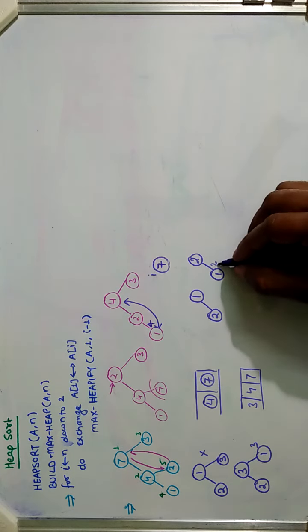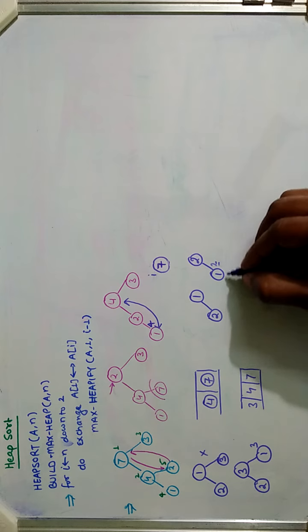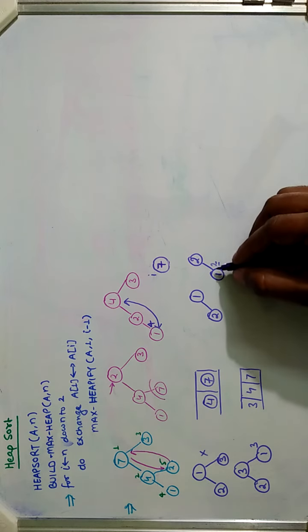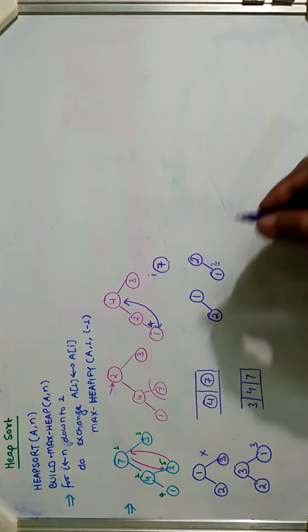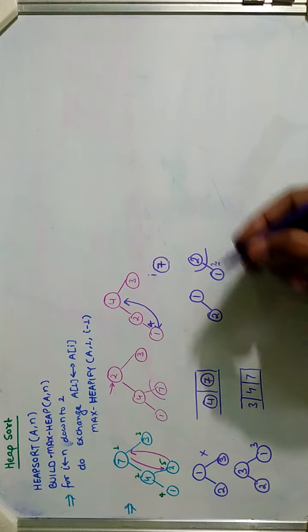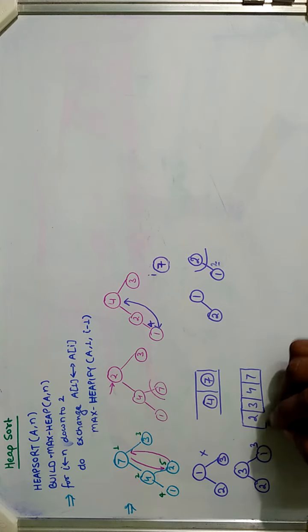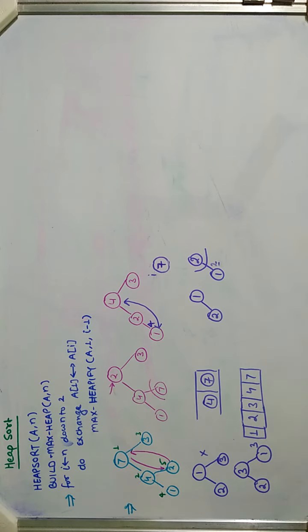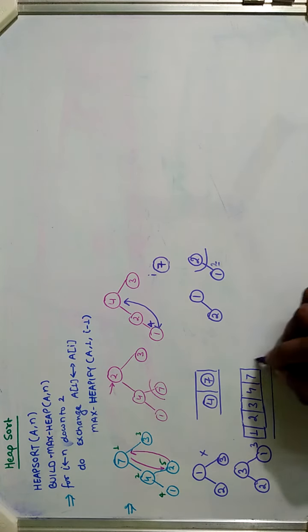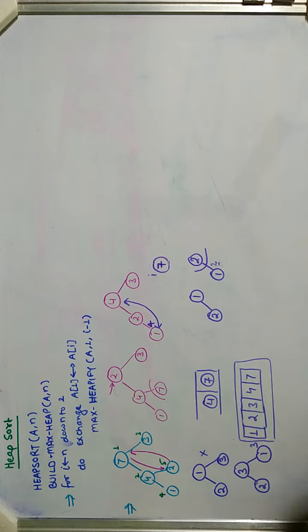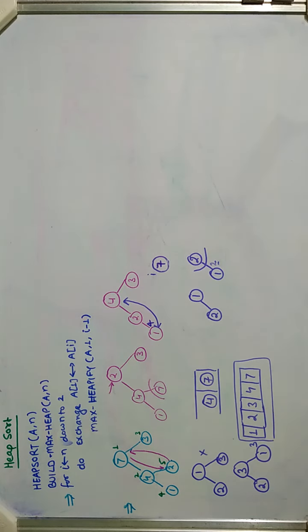When we apply the heapify on this element, it is already a max heap. The leaf is already in the max heap, so nothing is done. We just remove the 2 from here and append the 2 here. So 2 is at its right place, and after that 1 is also at its right place. This way we have sorted the elements which were given in an unsorted sequence.